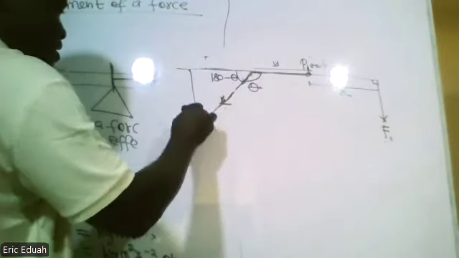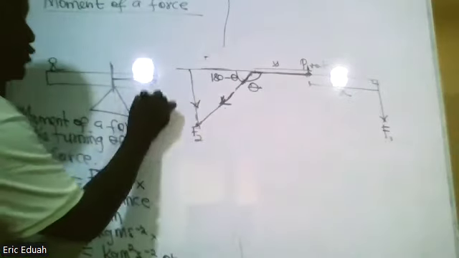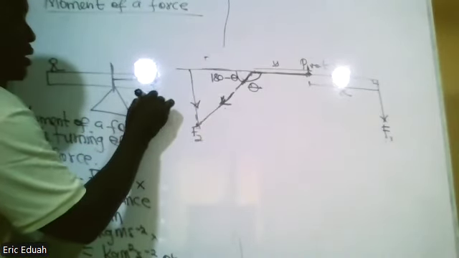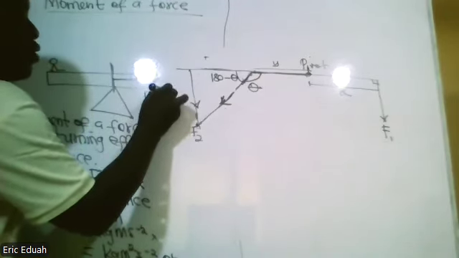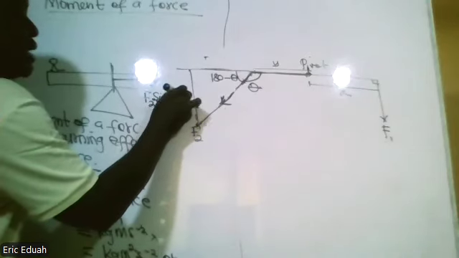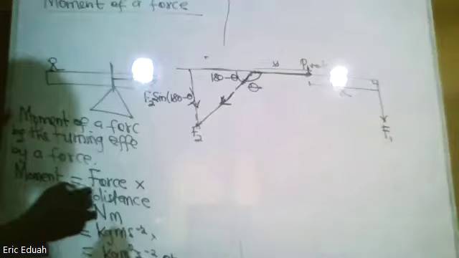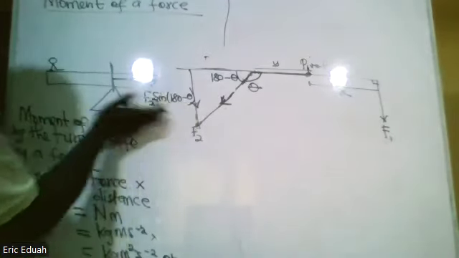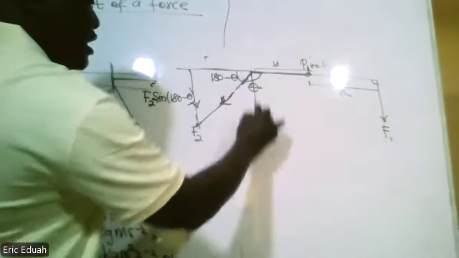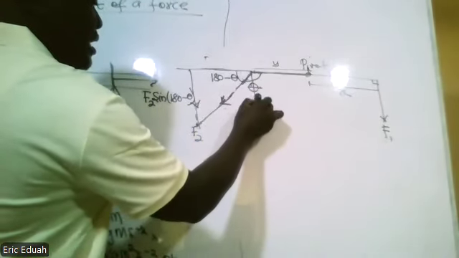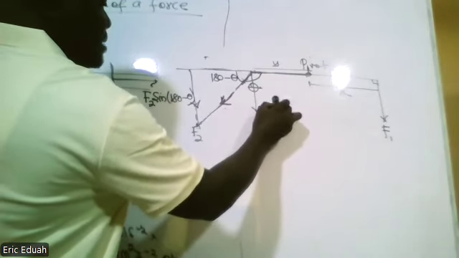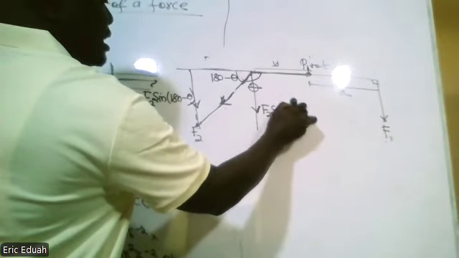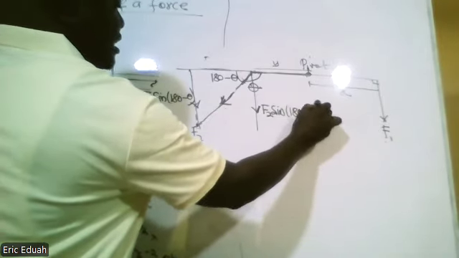So that this component becomes F2 times the sine of 180 minus theta. By equal vectors, this component can be written here: F2 times the sine of 180 minus theta.